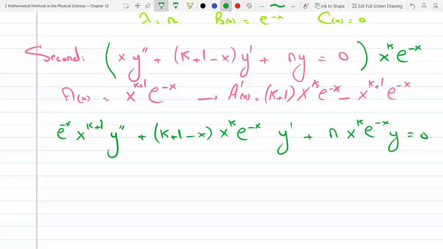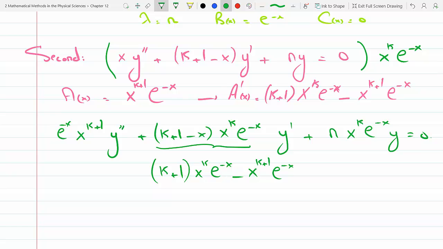Okay, if we differentiate this, we get, because this term here will just be k plus 1 times x to the k e to the minus x minus x to the k plus 1 e to the minus x.